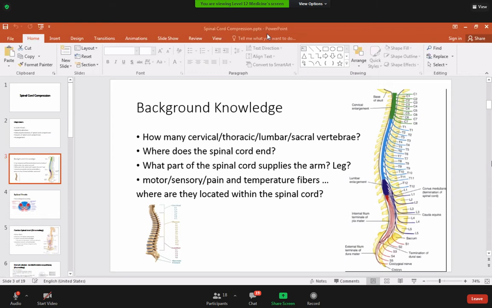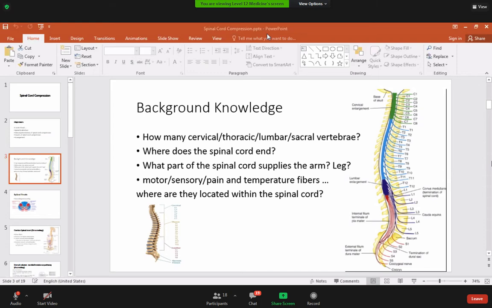As the baby grows, the spinal cord grows less as compared to the vertebral column, and usually it ends at the level of L1 or 2. After that, these are the nerves that are extending down till the end of the vertebral column, and the whole spinal cord as such ends at the level of L2.